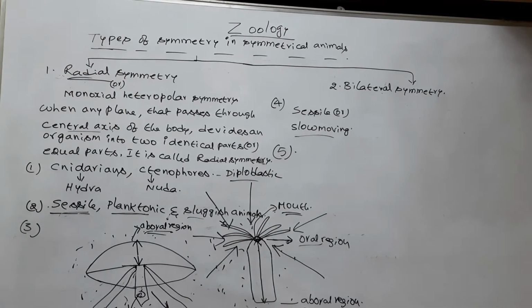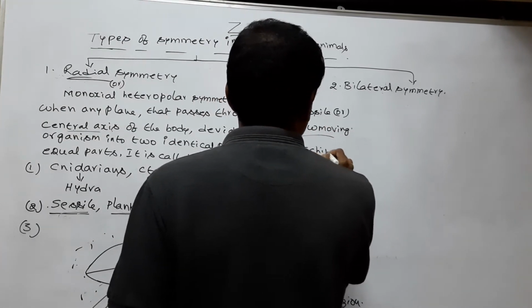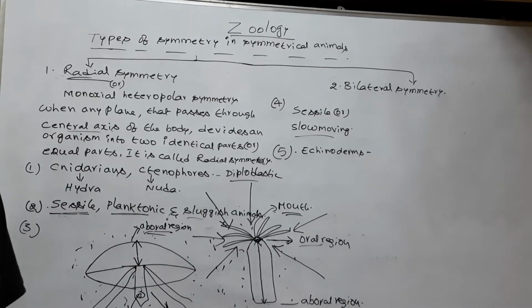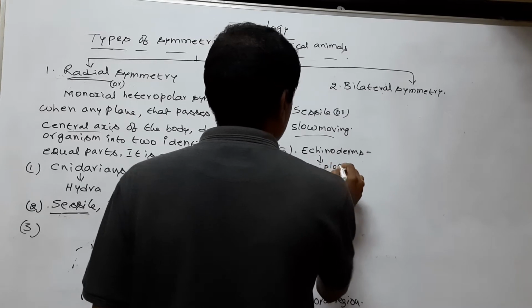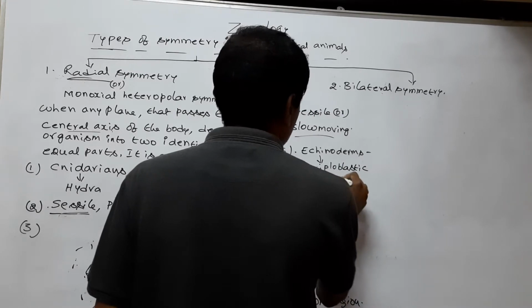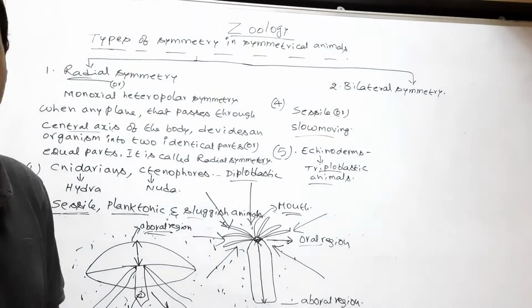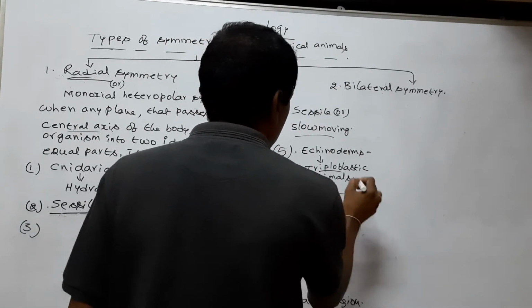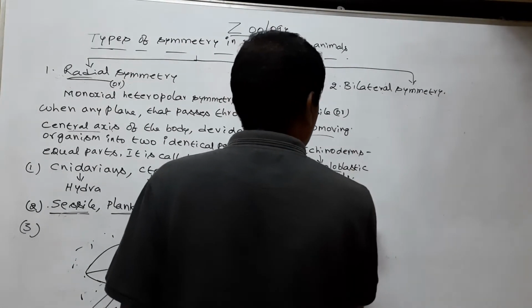But echinoderms are triploblastic animals. Here, the larvae of echinoderms exhibit bilateral symmetry.